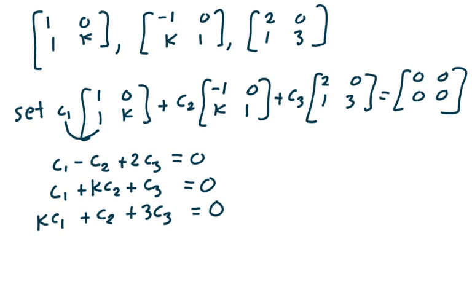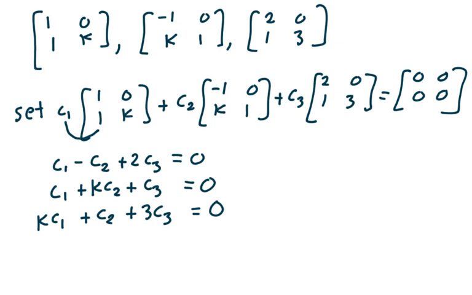Now, when I set up my system, notice how I get C1 minus C2 plus 2C3 equals 0, C1 plus kC2 plus C3 equals 0, and then kC1 plus C2 plus 3C3 equals 0.